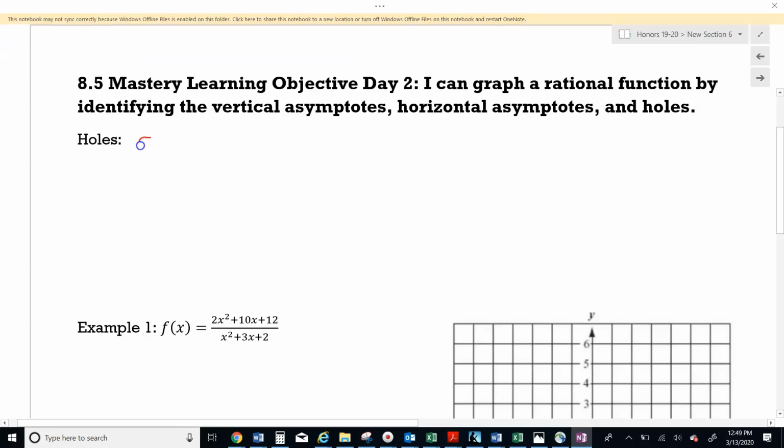So a hole is just a hole in the graph. We'll kind of see how we draw those.